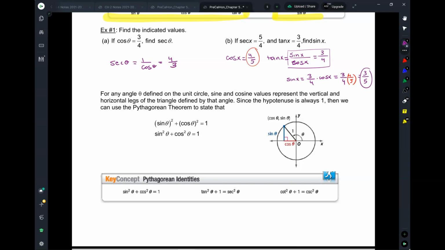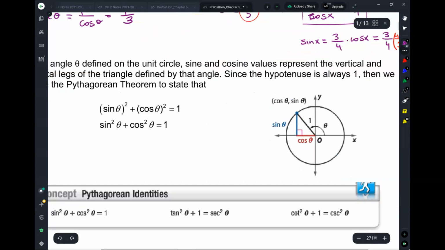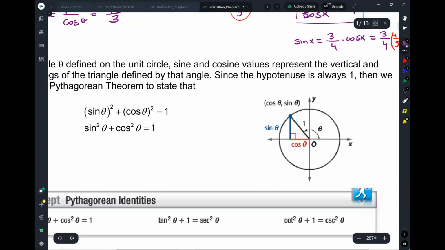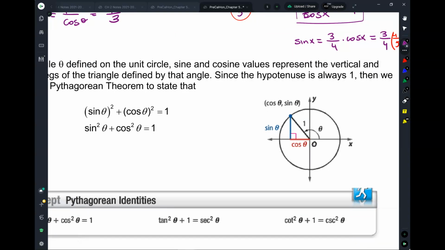Now let's talk about the Pythagorean theorem. Take a look here for a minute. You've got an angle here, and we've been saying how this horizontal side is cosine and the vertical side is sine, right? Now, if I were to call this A and this B, that's a right triangle, isn't it?